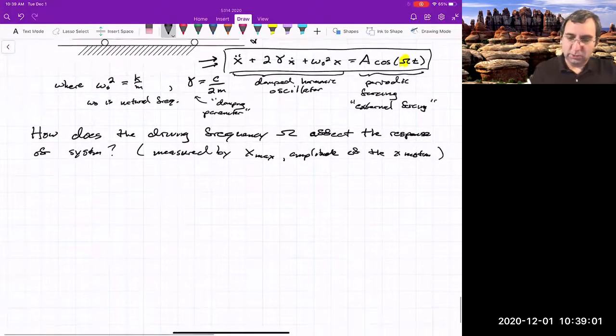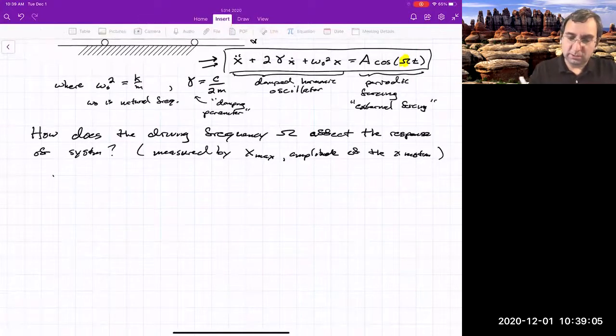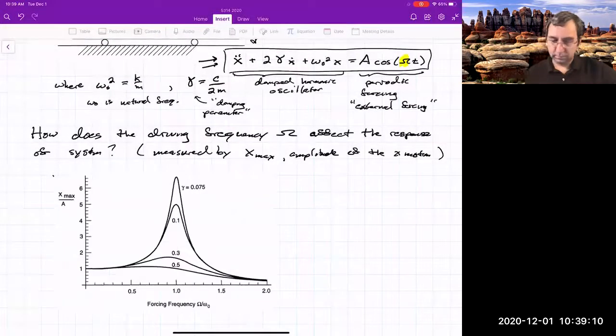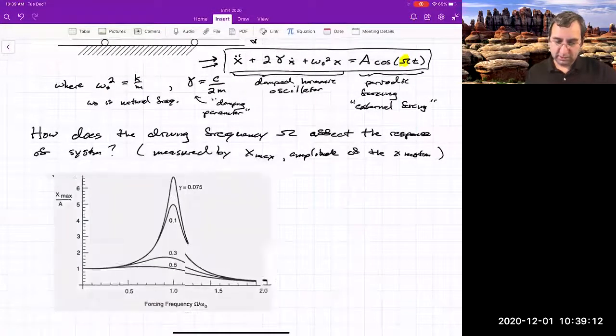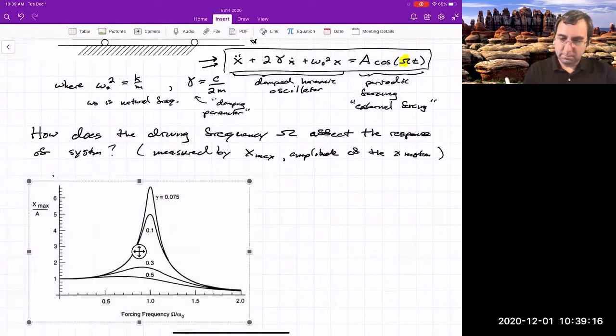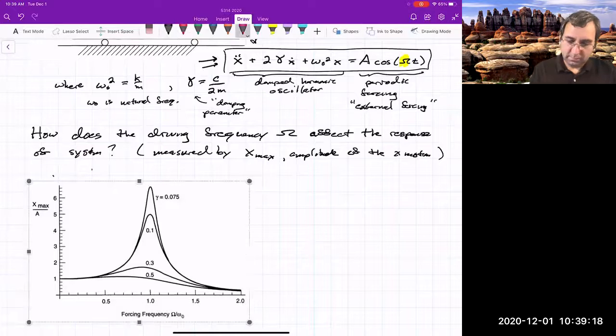So this leads to what's called a frequency response curve, and I will just show you one. Here is this frequency response curve.